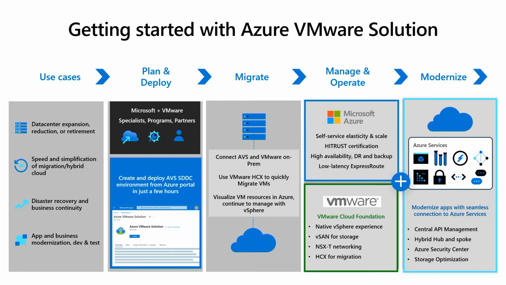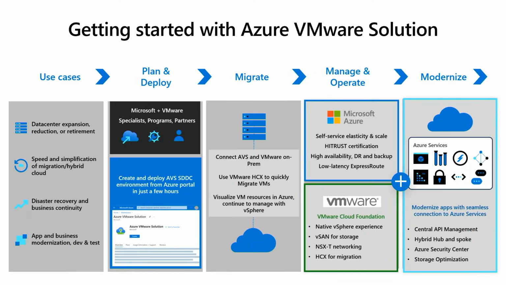Now, the great thing here is that with AVS, this approach to modernization or enhancements of your VMware workloads can happen at the pace you want, incrementally over time, while leveraging your investment in VMware.